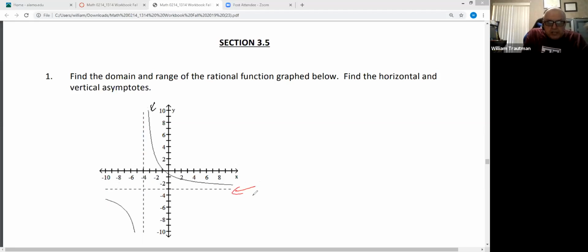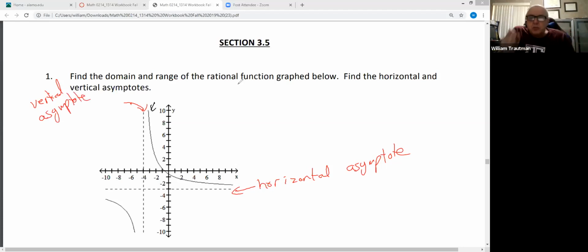And when the line is horizontal like it is, it's called a horizontal asymptote. And this line is vertical, so it's called a vertical asymptote. Okay, asymptotes are invisible lines your graph cannot cross.